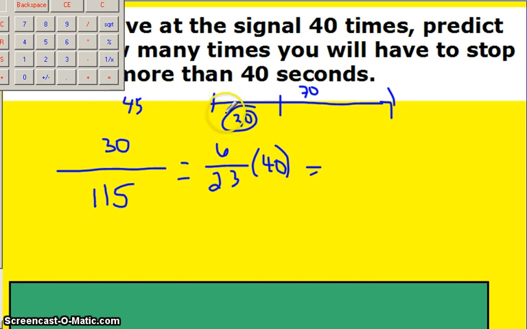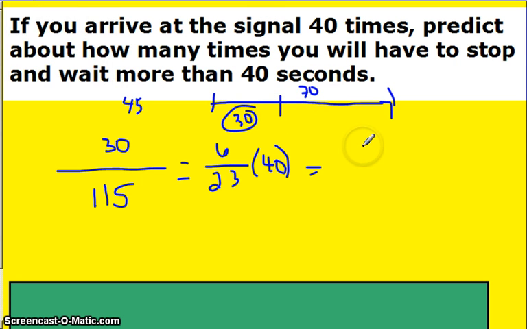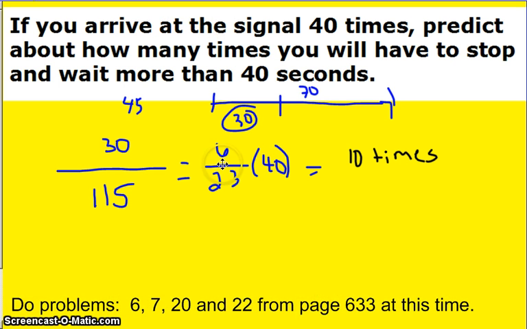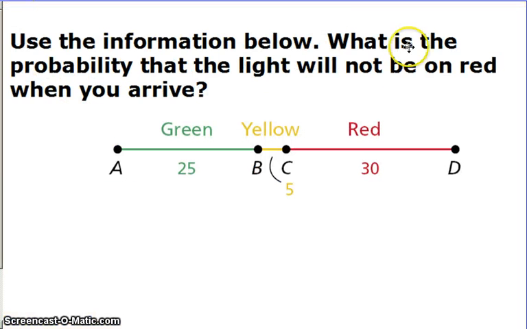So we'd have to wait about 10.5 times, it looks like. So we'd have to wait approximately 10 times out of 40. That isn't actually too bad. Okay, regular geometry students would be into those problems this time.